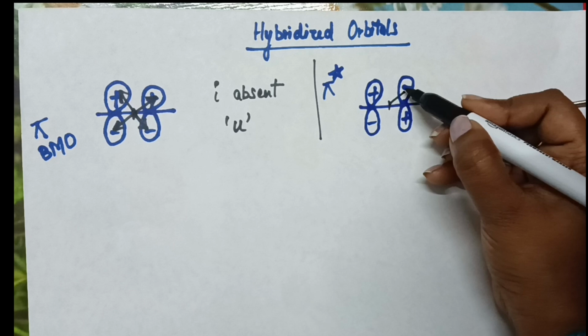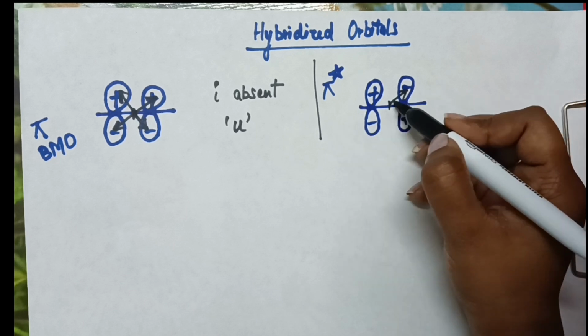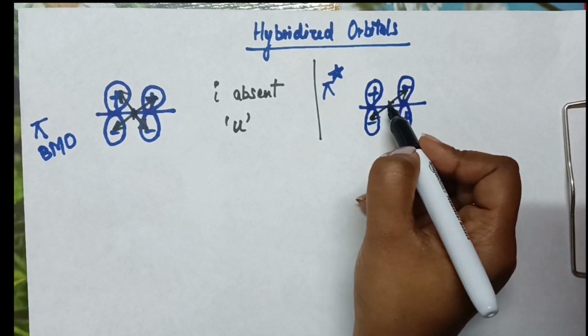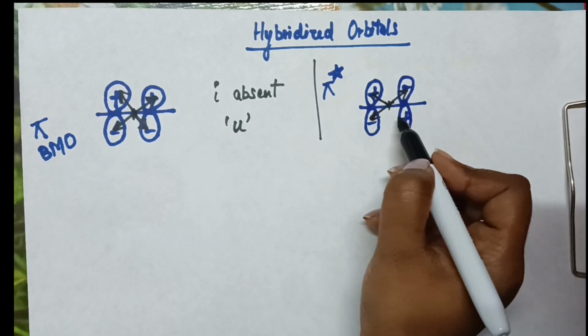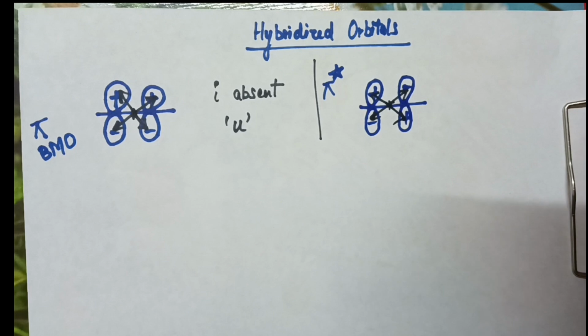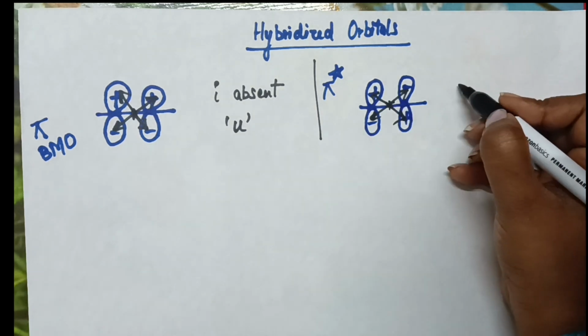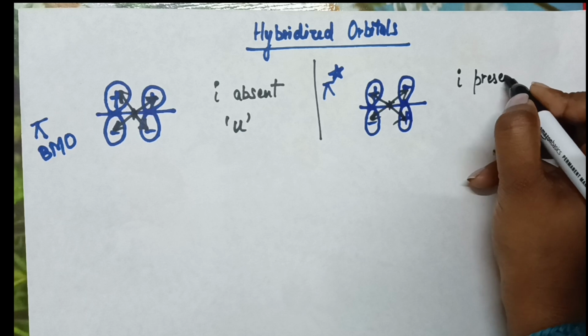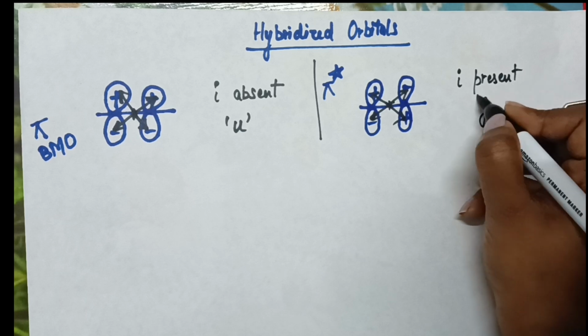From here I'll move to this direction, negative sign, and in the opposite direction again the negative sign. In this direction positive sign, and in the opposite direction the positive sign again. So we are finding the similar signs in the opposite directions. In that case, we have center of symmetry present. So the molecule is gerade.